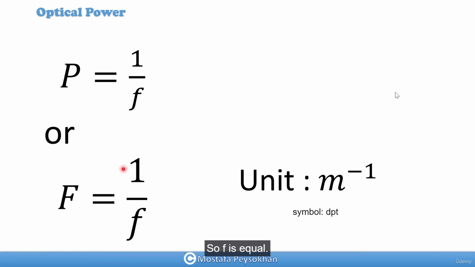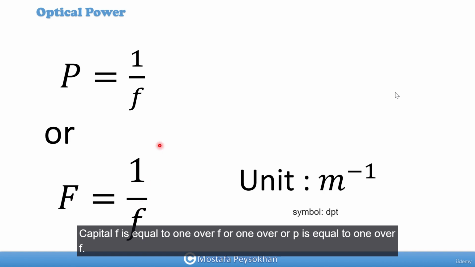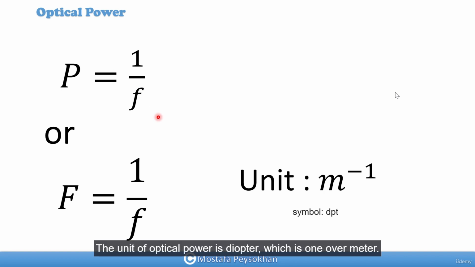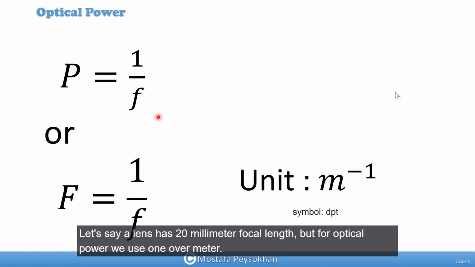So capital F is equal to 1 over f, or P is equal to 1 over f. The unit of optical power is diopter, which is 1 over meter. Usually for focal length we use centimeter or millimeter. Let's say a lens has 20 millimeter focal length. But for optical power, we use 1 over meter.